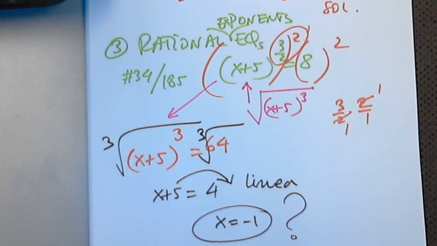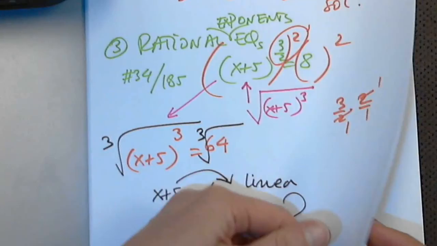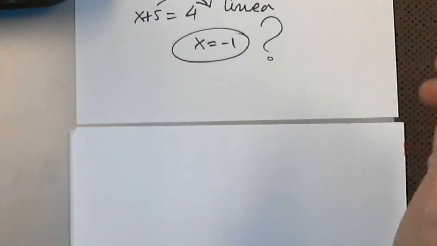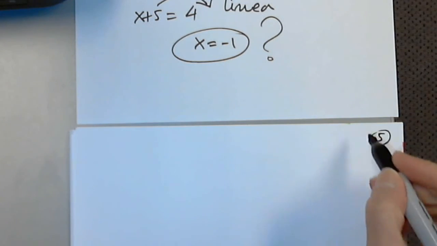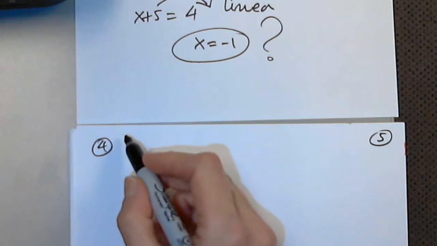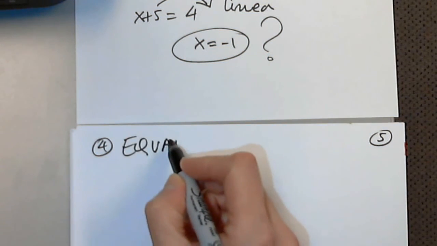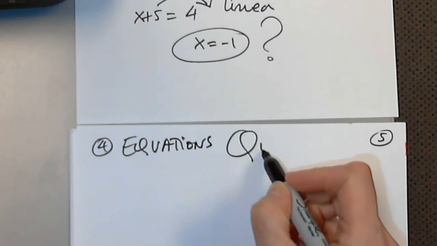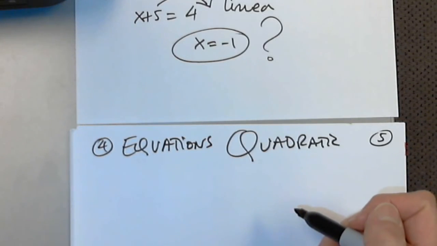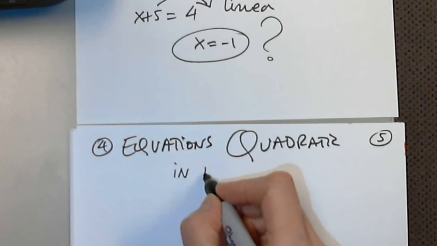Any questions? Any questions from me? Okay. The next one is a little bit more sophisticated. That is my number 4. Equations quadratic in form.